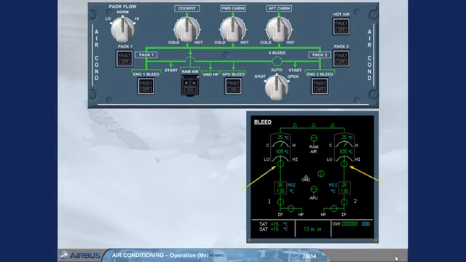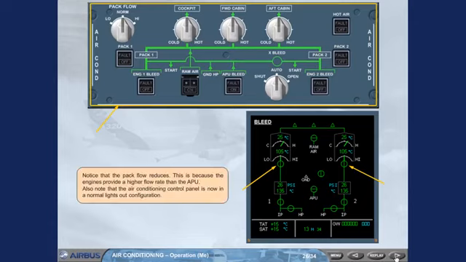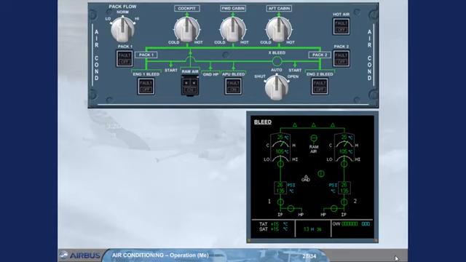This is because the engines provide a higher flow rate than the APU. Also note that the air conditioning control panel is now in a normal lights-out configuration. When the APU is shut down, the APU symbol on the bleed page is removed.